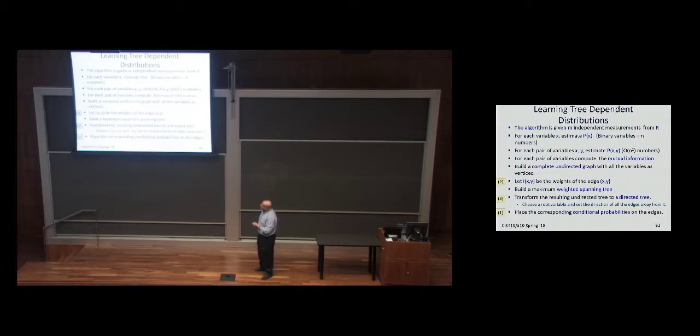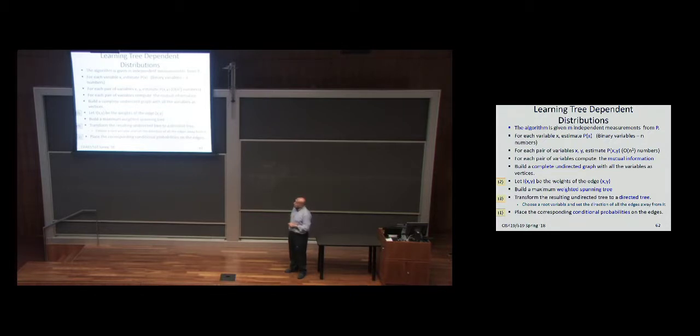Two, I have to show that using I of x_i, x_j as the weights that govern my spanning tree algorithm is the right thing to do, rather than using p of x comma y or p of x given y or any other random number between x and y that you choose.